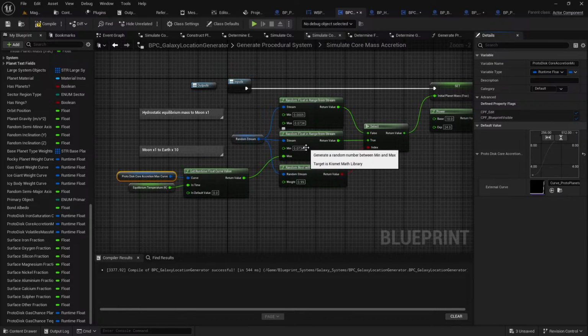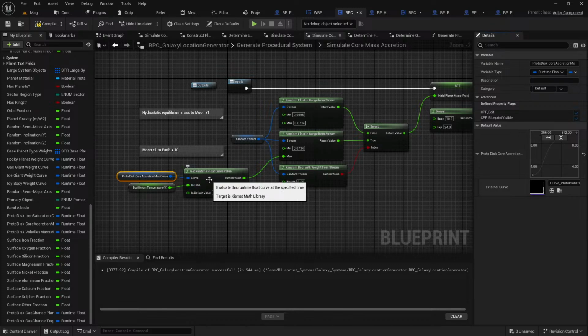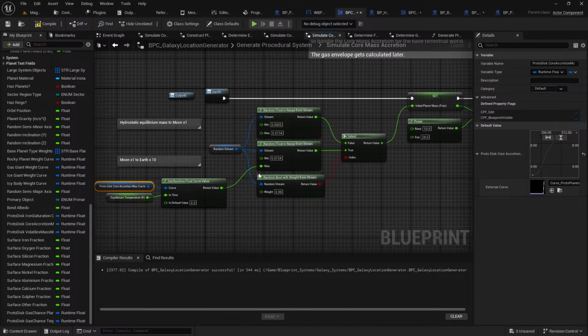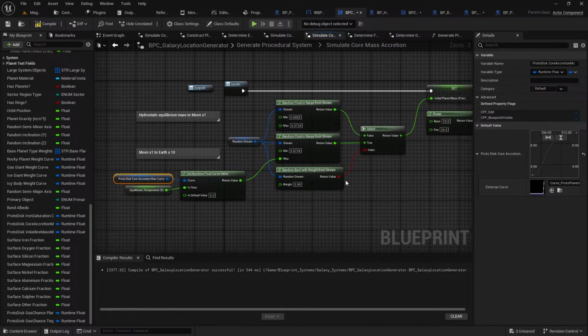So minimum value is the mass of the moon, and then the maximum value is whatever value that is on the curve, and then that's obviously randomized. And we've still got our 1% chance of something odd, and in this case the only something odd we have is just a dwarf planet.